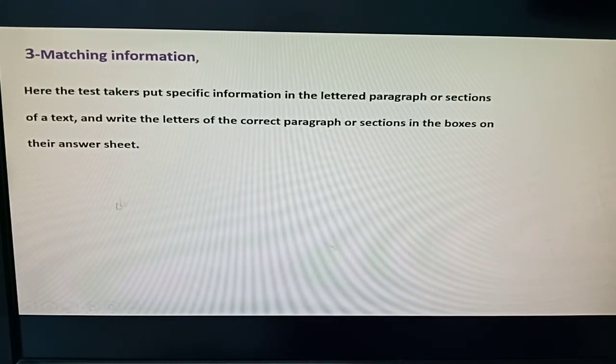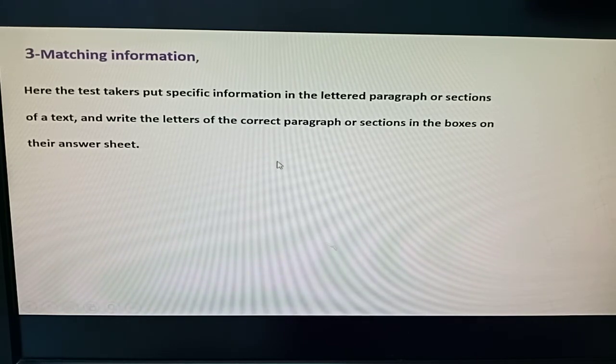Here, the test takers put specific information in the lettered paragraphs or sections of a text, and write the letter of the correct paragraph or section in the box on their answer sheet. You just find the letter of the answer and then write it in your answer sheet.